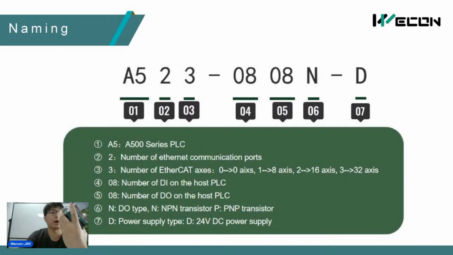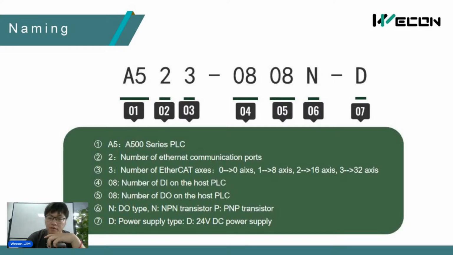On my hand, this one is A522. So this PLC can connect 16 EtherCAT axes. And these two parameters are the input and output points. For now, on the host PLC, we only have one type: 0 channel input and 0 channel output.